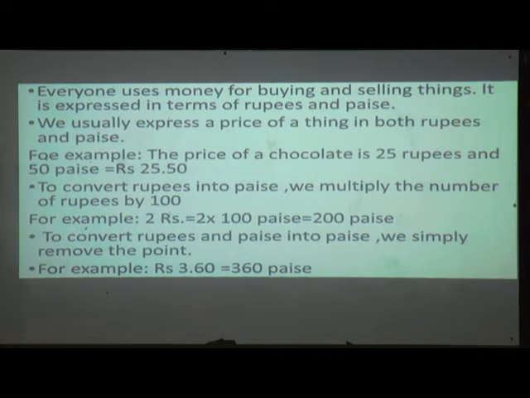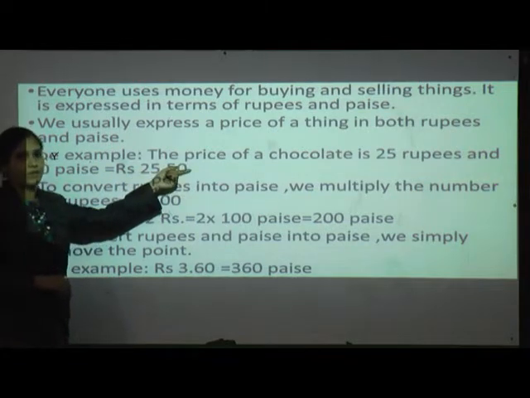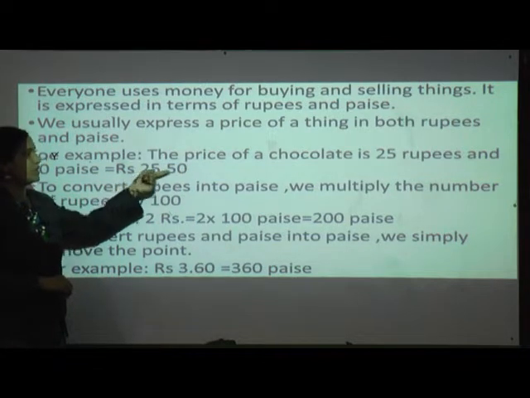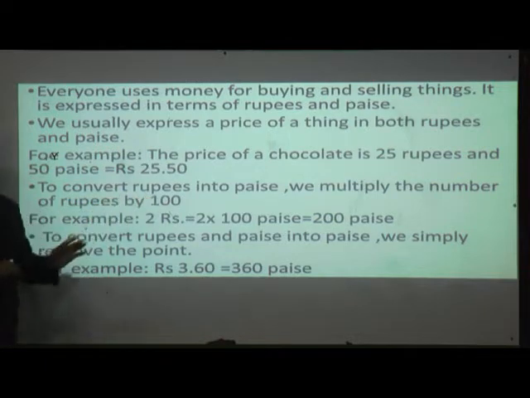Such as, for example, here the price of a chocolate is 25 rupees and 50 paise. So we can write rupees 25.50. That means 25 rupees 50 paise. To convert rupees into paise, we multiply the number of rupees by 100.